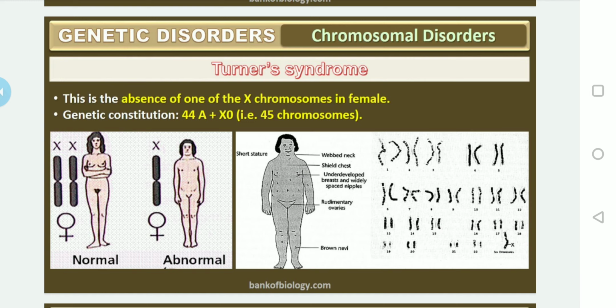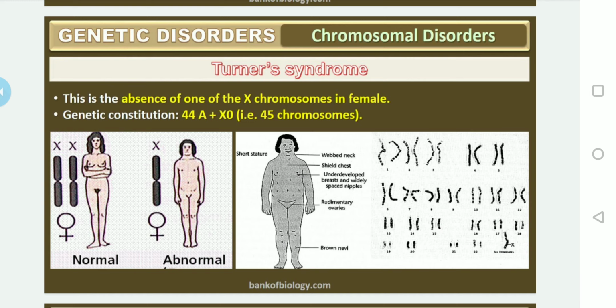There are three terminologies you should remember here, and they may be asked in the following form. Down syndrome is autosomal hyperaneuploidy. Klinefelter syndrome is allosomal hyperaneuploidy. But Turner syndrome is allosomal hypoaneuploidy.